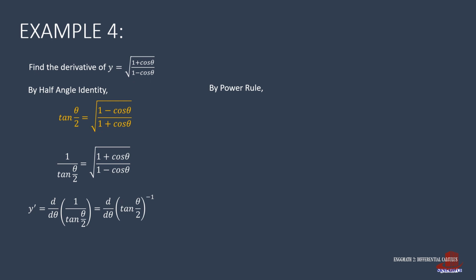So by power rule, we can take the exponent, negative 1, times the term tangent of theta all over 2, this time with the exponent of negative 2, times the derivative of tangent of half of theta. Again, the derivative of tangent u is the square of secant u times du all over dx.